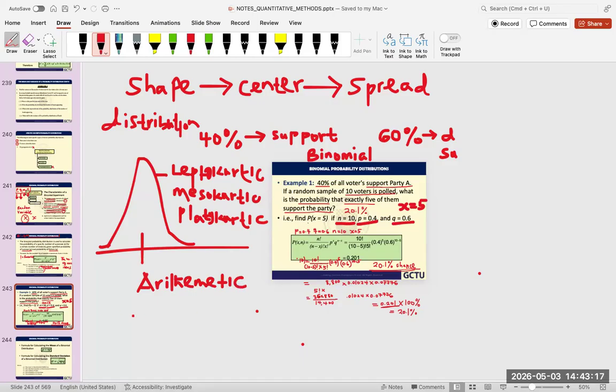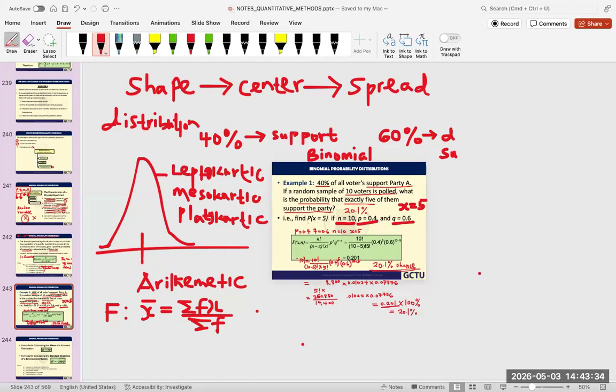The formula we used was x bar equals sigma fx over sigma f.